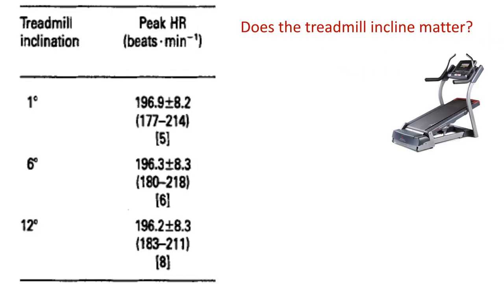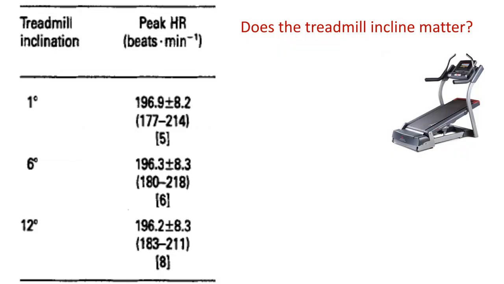What about treadmill incline? This was part of that same study with 3 consecutive days, but the incline of those tests was in a randomized order, and you see a 1 degree, 6 degree, or 12 degree incline. 6 degrees is 10.5%, just so you know. And what you see is basically it didn't make a difference.